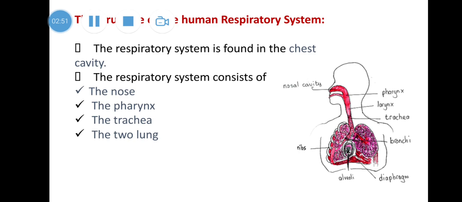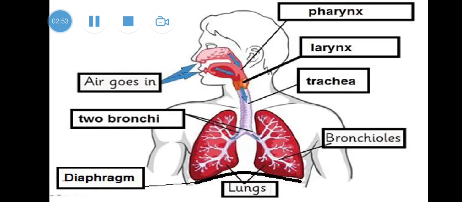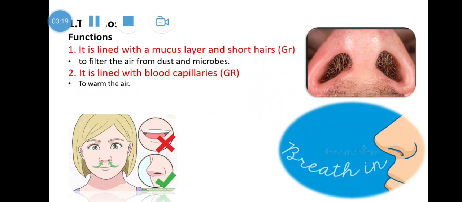So we take the air from our nose, and then the pharynx, which is the common cavity between two systems, and then we have the larynx, which is like the gate of the trachea, and then the two bronchi, and then the smaller bronchi into bronchioles, and the two lungs, and then we have the diaphragm.